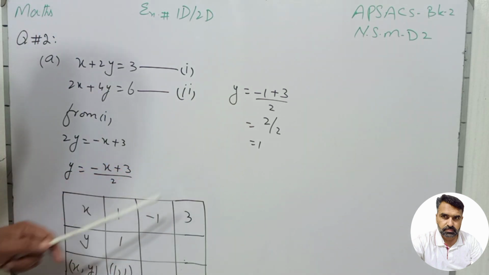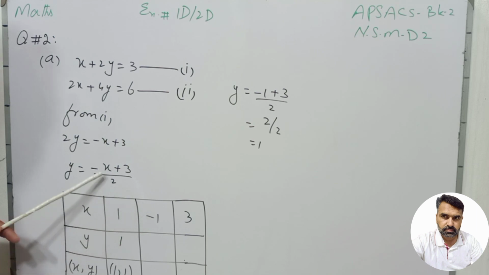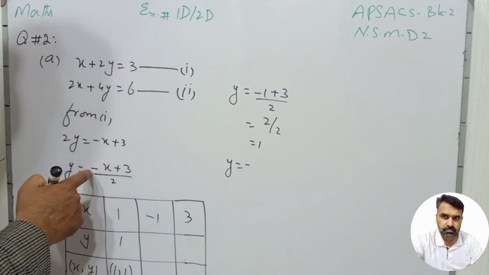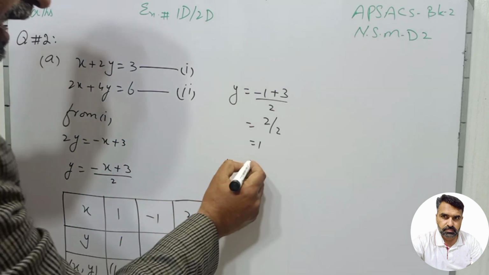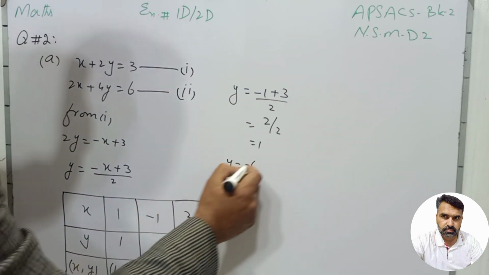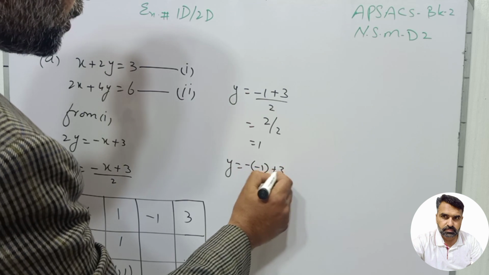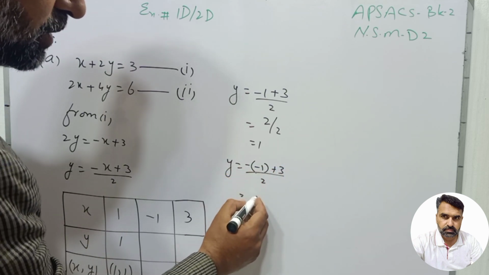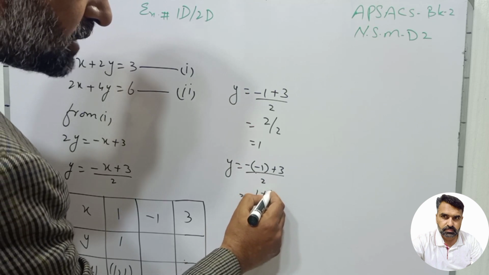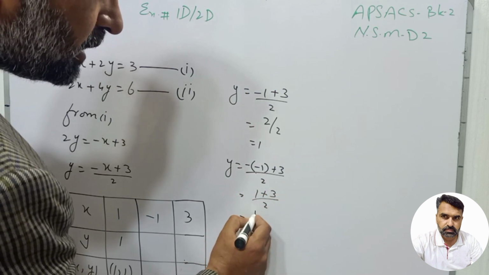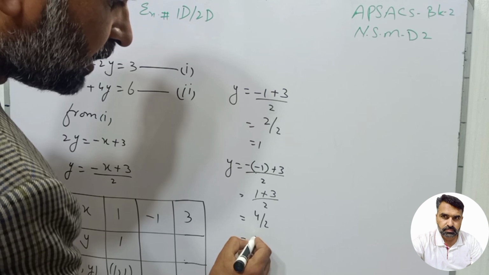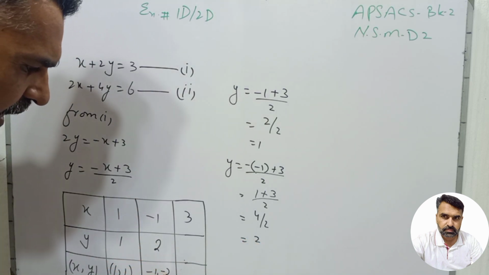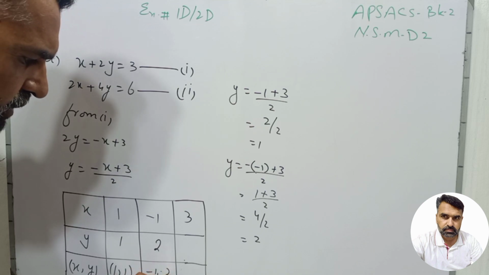Now students, we will put minus 1 in place of x, and y is equal to minus the minus that is written before the x, and the value of x itself is minus 1, plus 3 over 2. When minus multiplies with minus, it becomes plus 1 plus 3 over 2. It is 4 over 2, and the value of y is 2. So the ordered pair is minus 1 and 2.